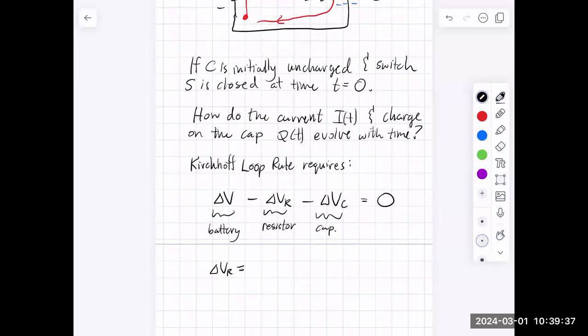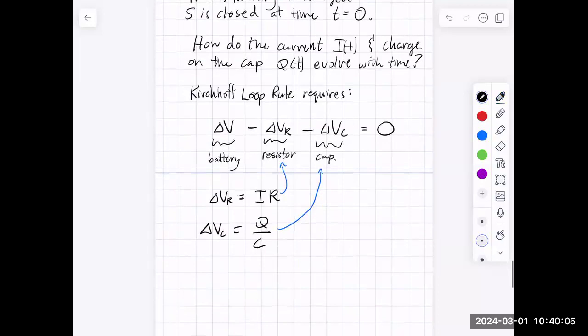The voltage across our resistor is going to be the current times R. And the voltage across the capacitor: C is Q over delta V, so delta V is Q divided by C. The voltage across our capacitor is Q divided by C. Okay, so we'll sub this in for the resistor, we'll sub this in for the capacitor, and what we'll end up with is the voltage supplied by the battery minus I times R, the voltage across the resistor, minus Q over C, the voltage across the capacitor, has to sum up to be zero.